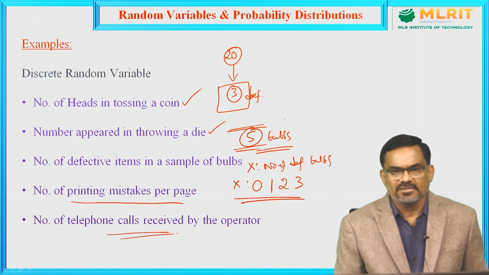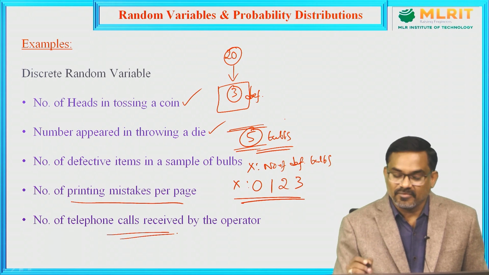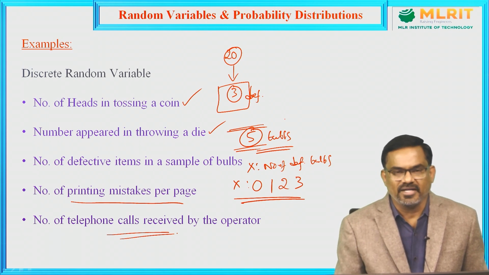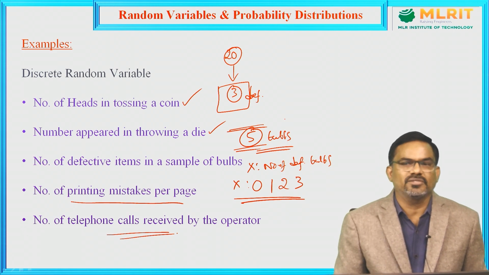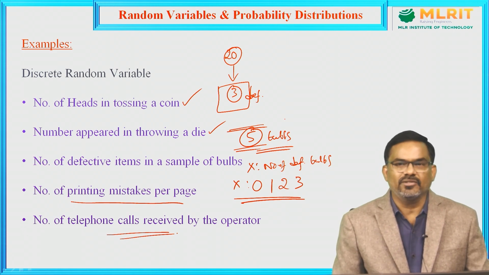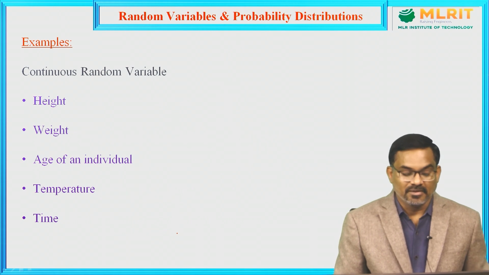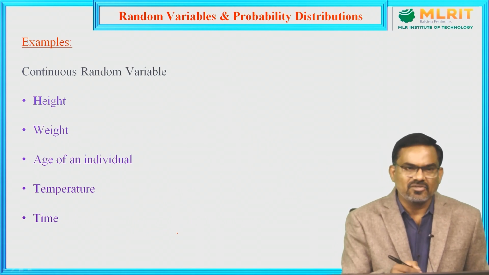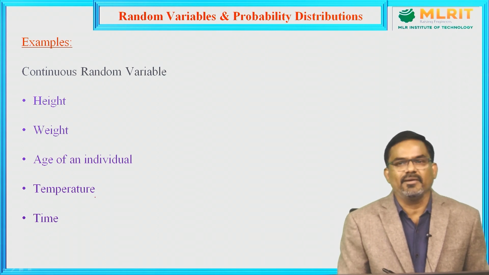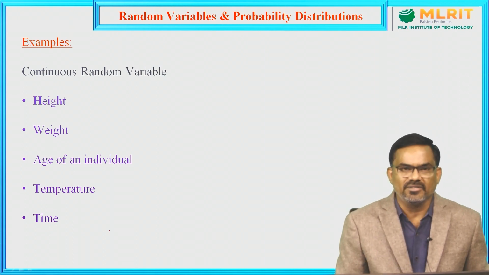Maybe 5 calls, maybe 10 calls, and whatever the number may be, it is finite here. So, it comes under discrete random variable. So, these are the examples of discrete random variable. Now, coming to the continuous random variable: height of an individual, weight or age of an individual, temperature, time, all these come under continuous random variable.